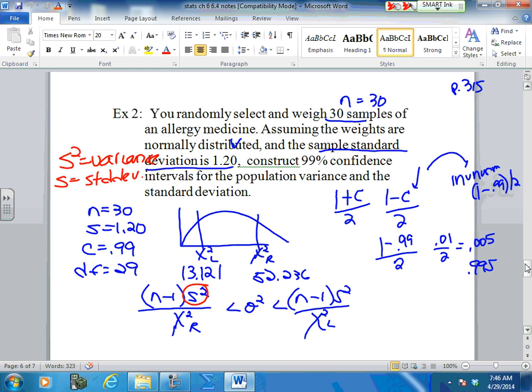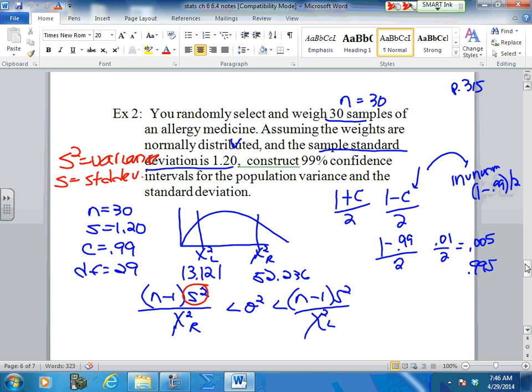So your variance doesn't get squared, but your sample standard deviation does. See what I'm saying? This says S squared. S squared is your variance. If they give you the sample standard deviation like now, we're going to square it. If they gave us the sample variance, that is S squared, then we don't square it.